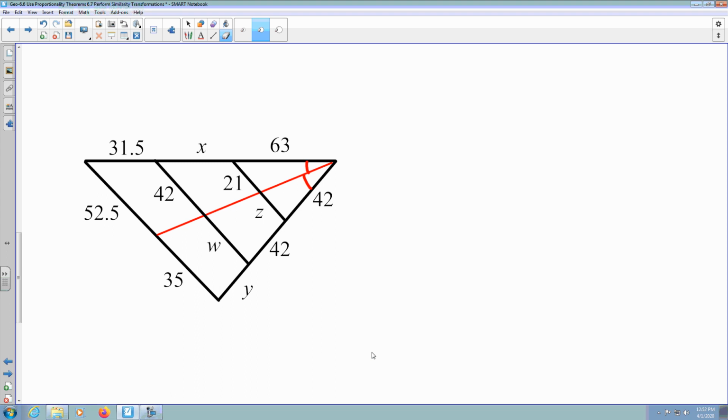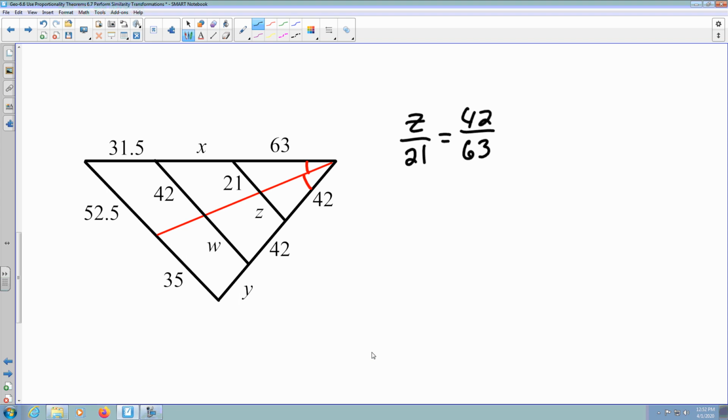So Z is going to be set up as the proportion, so I got Z over 21 is going to be proportional to 42 over 63.